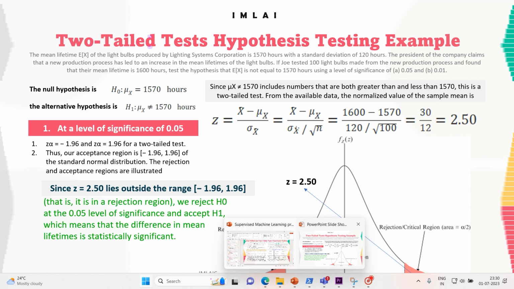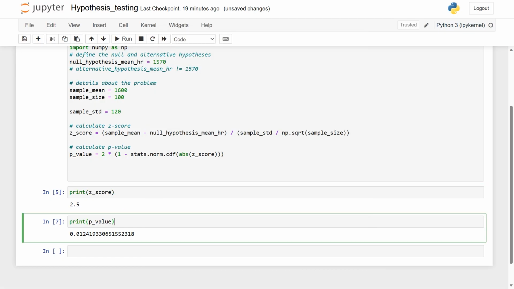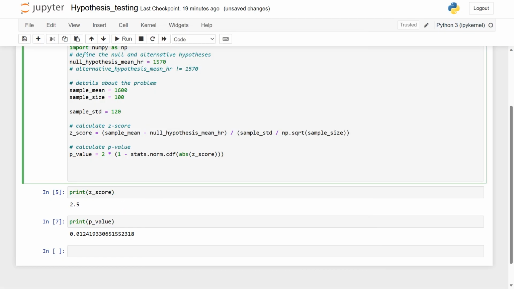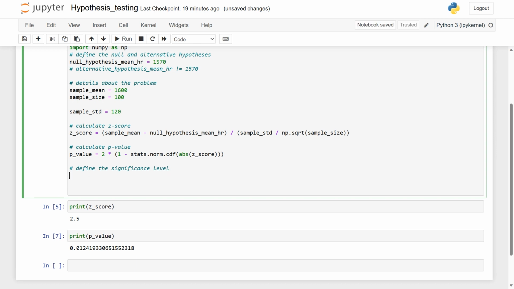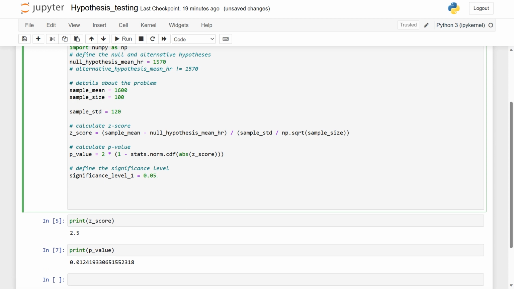Now we have to cross-check what the condition is. So define the significance level, significance level 1 is equal to 0.05.